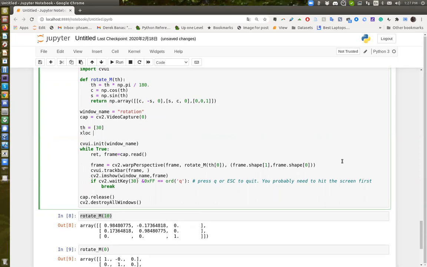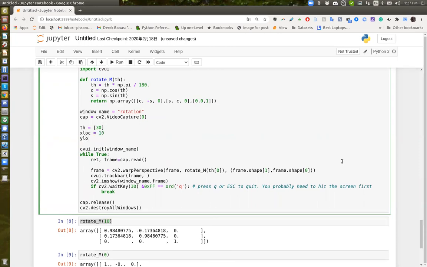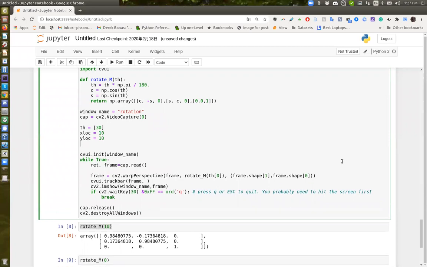X location is 10, maybe Y location is 10 again, and the length of the bar, let's say 100. I'm not sure if it will be too long. It's okay.